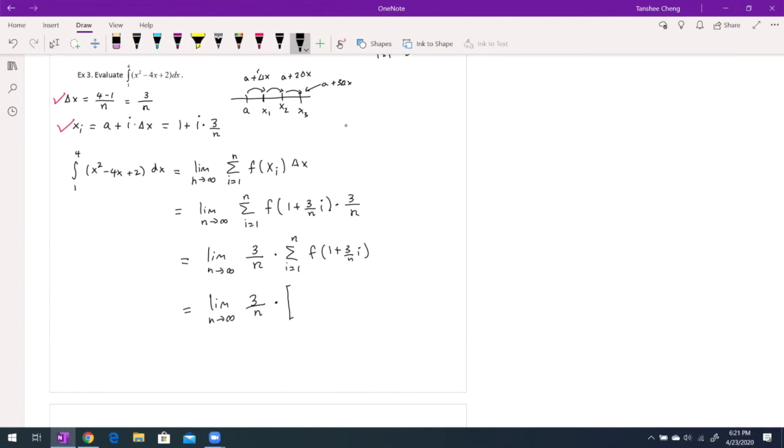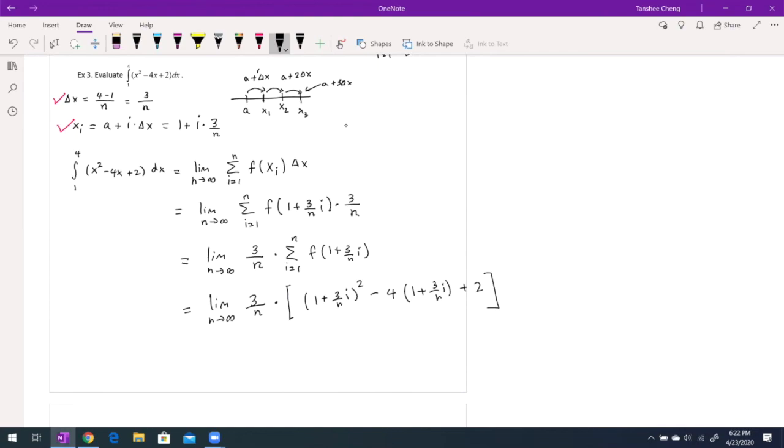So our function is input squared minus 4 times the input, and then plus 2. And this is where I'm going to have to simplify it and then find my limit.